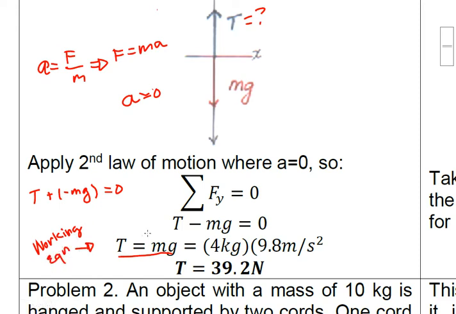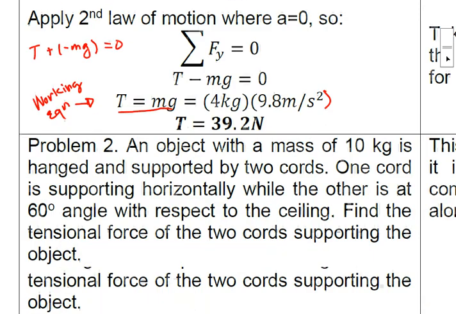You can directly substitute the values of the mass and the gravitational acceleration. Finally, tension is equal to 39.2 Newtons. So that's it. That is for the vertical forces, or forces along y, for a system wherein the acceleration is equal to 0.